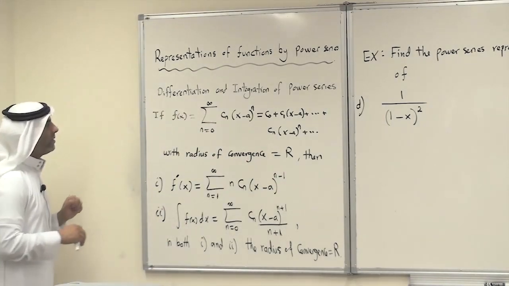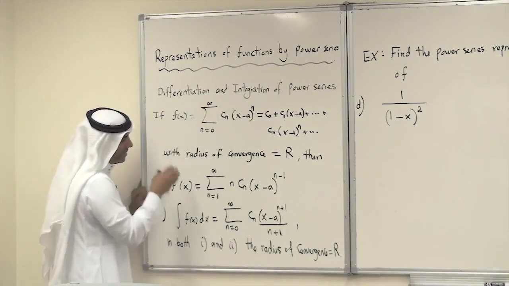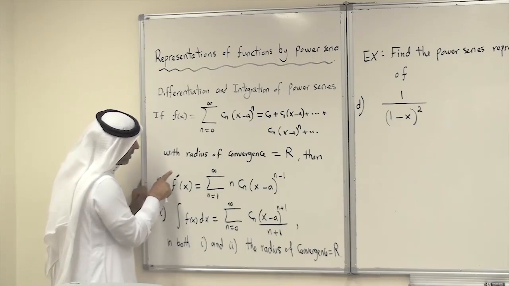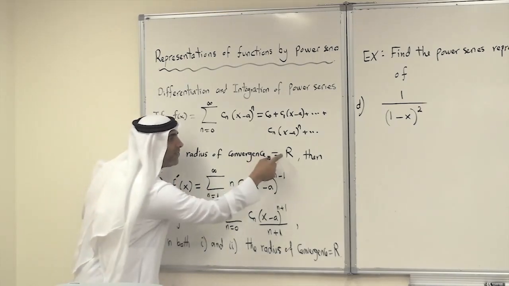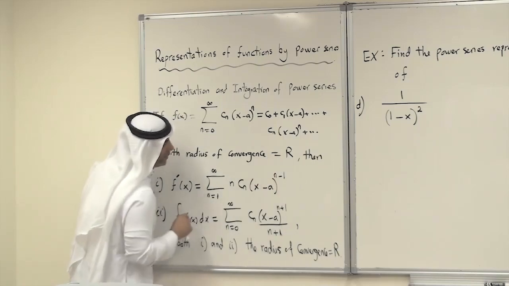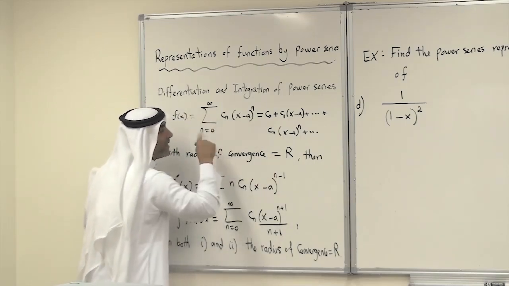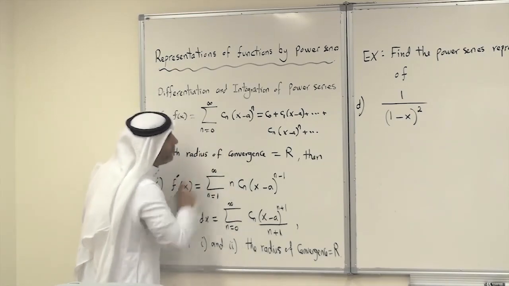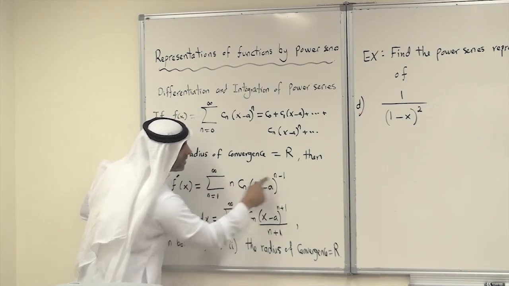How to differentiate a power series? This theorem says you can always differentiate term by term, if you are inside the interval of convergence. You can go inside and differentiate term by term as you are differentiating a polynomial. So the only thing, you just take the exponent down and decrease by 1.